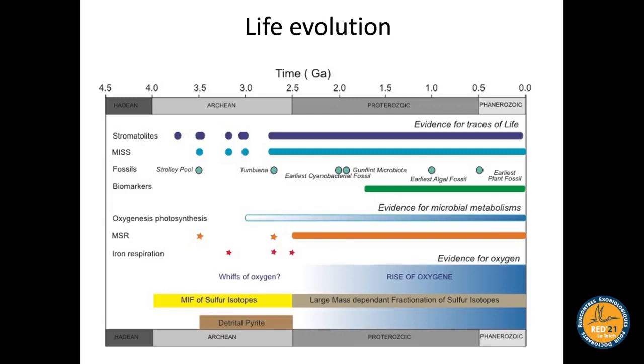And there is a lot of different work right now on better constraining the metabolic activity of various important processes like photosynthesis and the sulfur and iron biogeochemical cycles that are very important for life evolution.